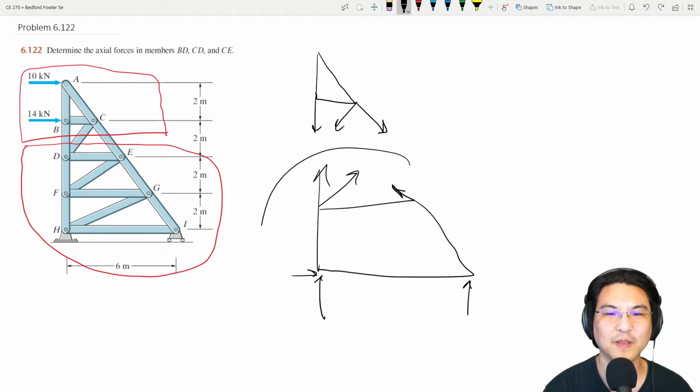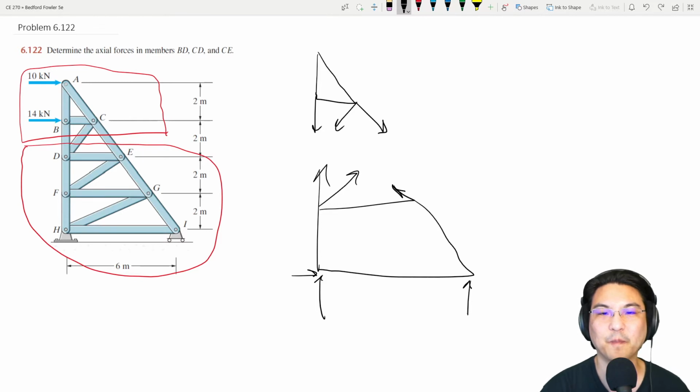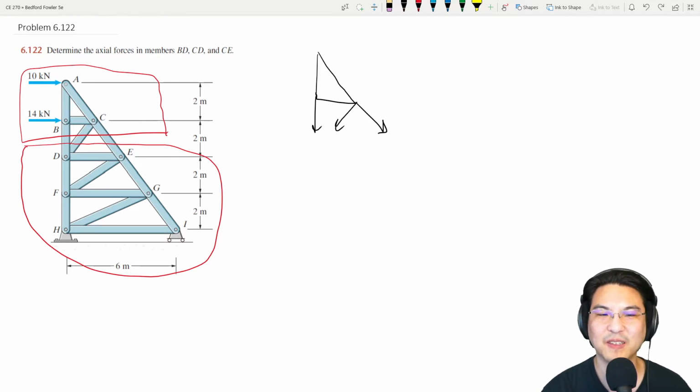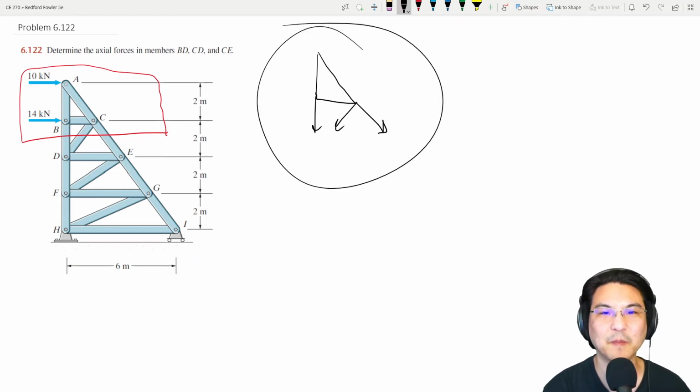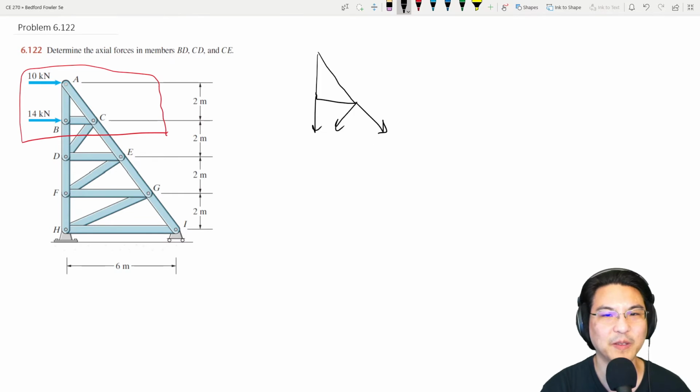Okay, so this section has 6 unknowns. This one has 3. So totally up to you, but I think I would prefer to analyze the section with less unknowns. This one. I mean, these are the 3 unknowns, and then these are the loads, which are given.